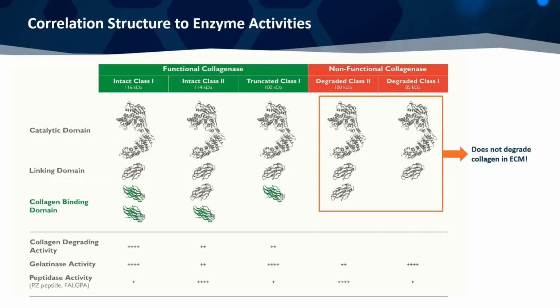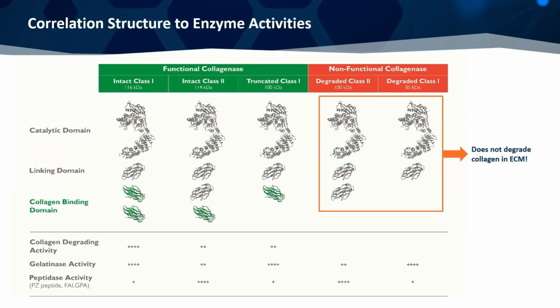So why is, again, this important? Well, you have to realize most people measure collagenase activity by Wunsch activity, which only measures, as you can see in the far right side, the C2 activity, the class 2 collagenase activity. It's really important now to look at collagenase as functional being defined as the ability to degrade native collagen.